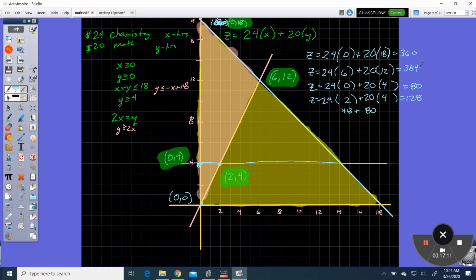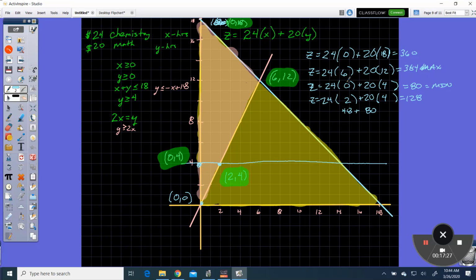So my maximum is going to be at 384. Okay, the minimum is if I only do 4 hours of math. So that's kind of what that problem is asking us to do.